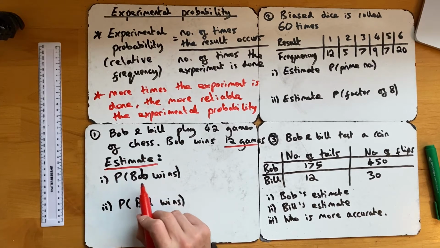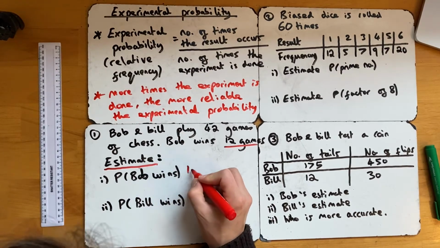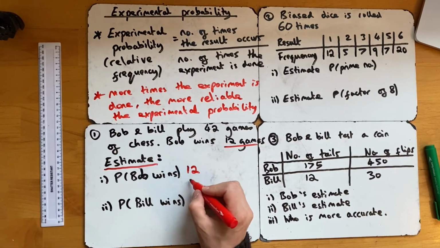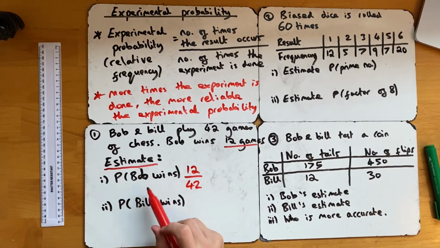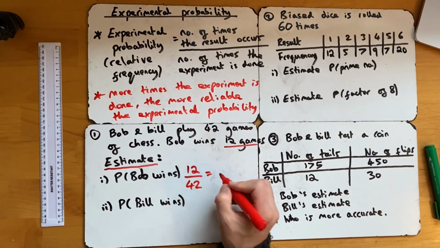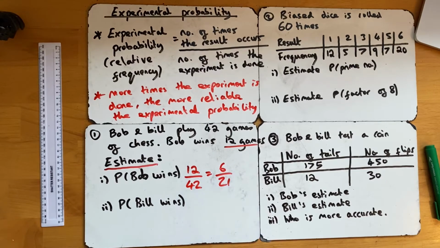So the probability that Bob wins, well, we know Bob wins 12 games, and it is out of a total of 42. So that is his experimental probability. Now you always have to simplify, divide by 2, so that is 6 over 21.